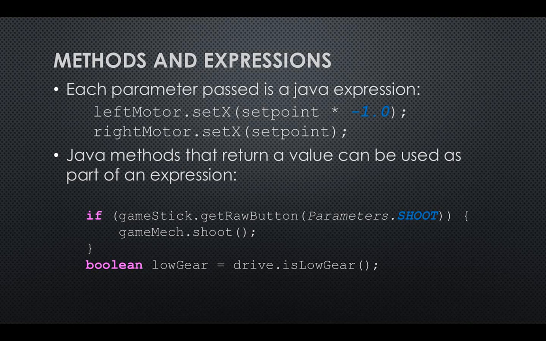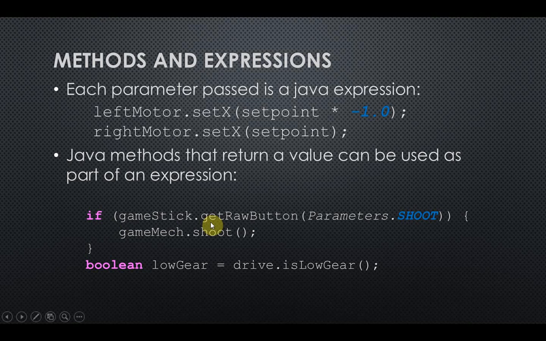Java methods that return a value can also be used as part of an expression. In this case, getRawButton is a method that returns a value. The Java coding convention is that whenever we have a Java getter that returns an attribute from within a class, we name it starting with the word get. So I know getRawButton is getting a value from inside the class. That means it's returning something. If it returns a Boolean, we name it starting with the word is.